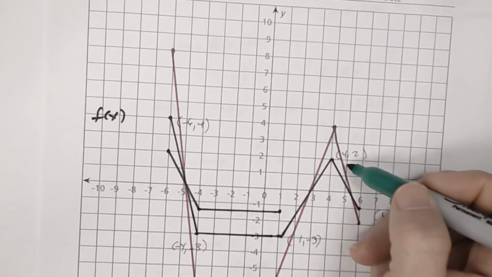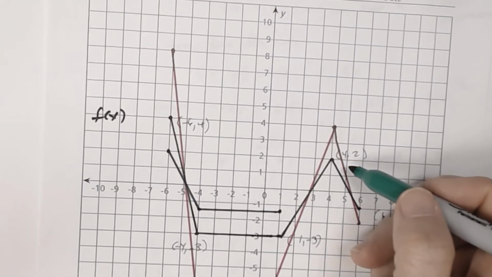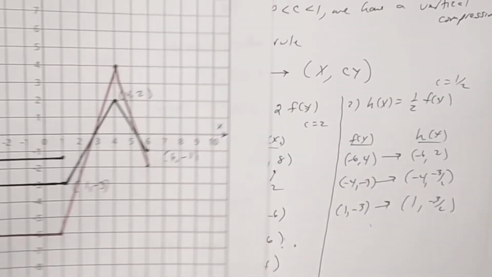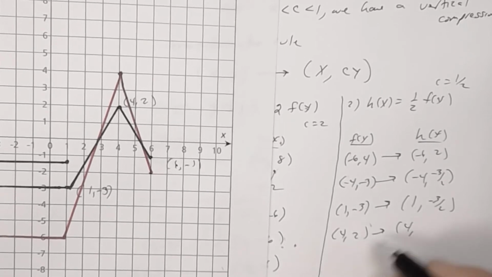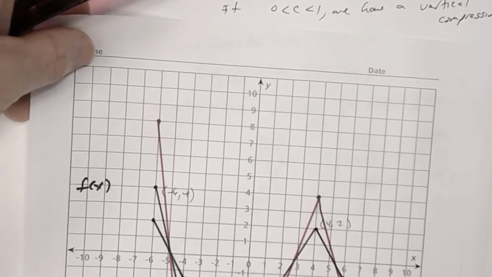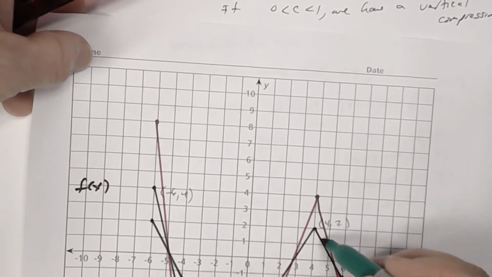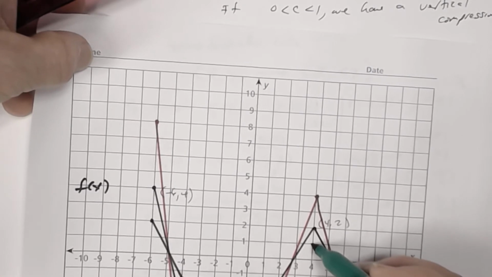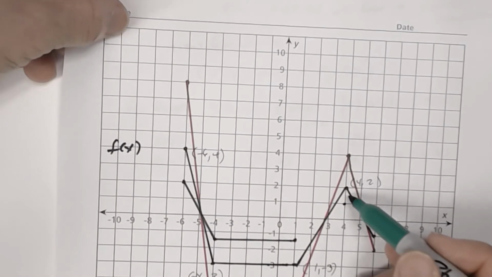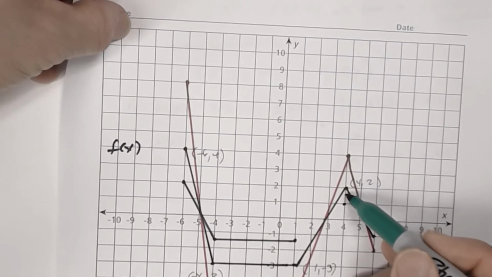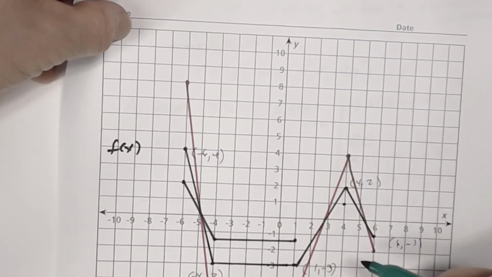Okay, the point 4, 2 becomes the point 4, 1. Take half of 2, you get 1. It kind of made sense, because remember, this is a vertical shrink. All right, so you're taking this point here and you're moving it towards the x-axis.